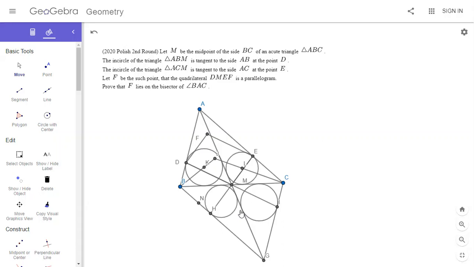Let's see. So that's the same as showing AF is the angle bisector of DAE. This looks sort of familiar.